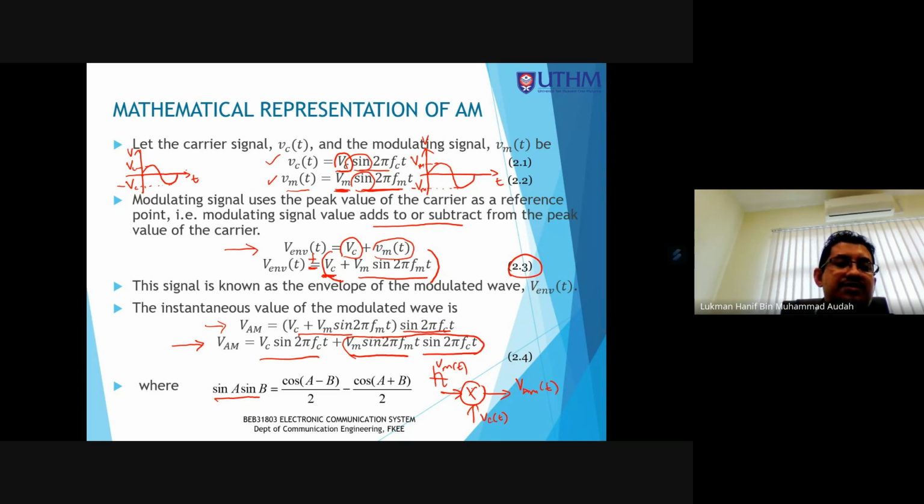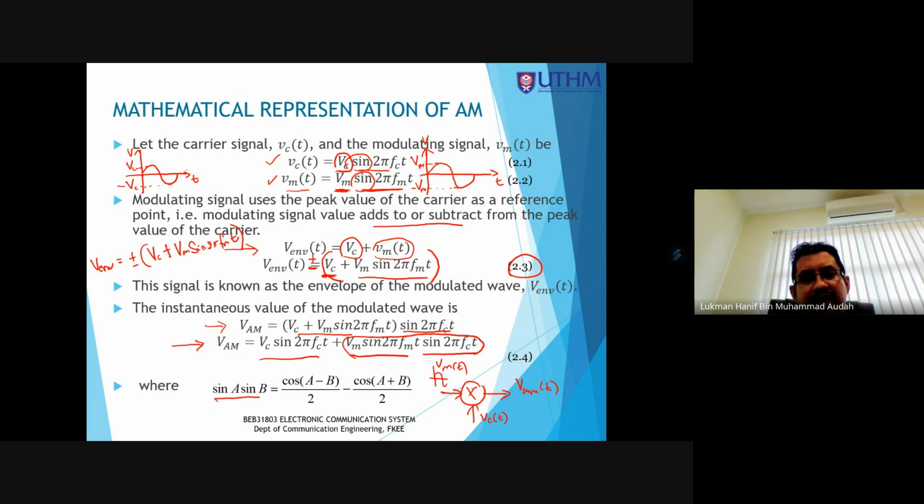That means I can write V envelope equal to plus or minus (VC plus VM sine 2 pi FMT).